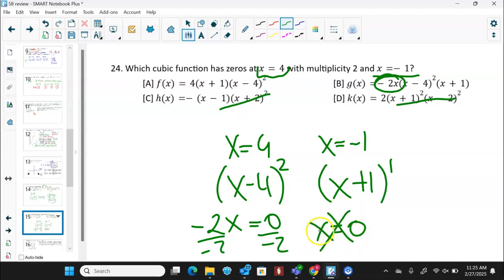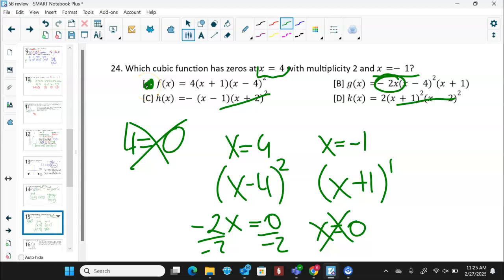So it has to be A, because if you set 4 equal to 0, it's non-existing. So the only two zeros you're going to have are positive 4 and negative 1. So it has to be answer A.